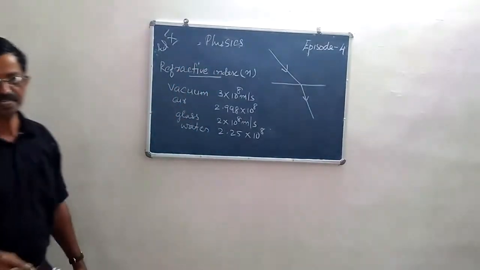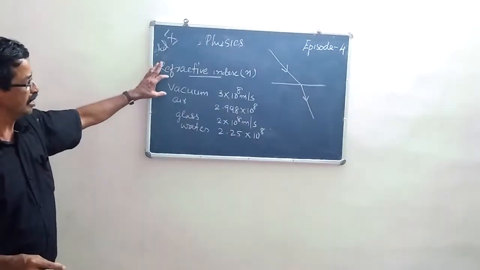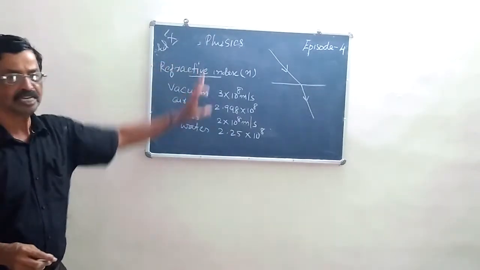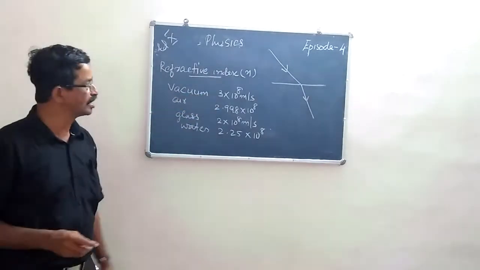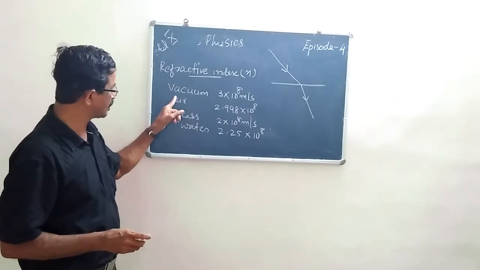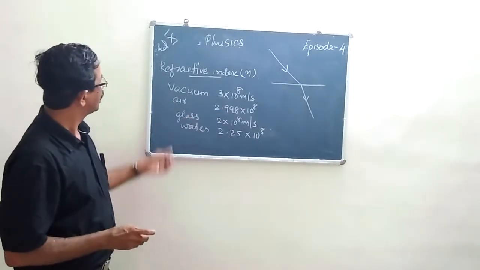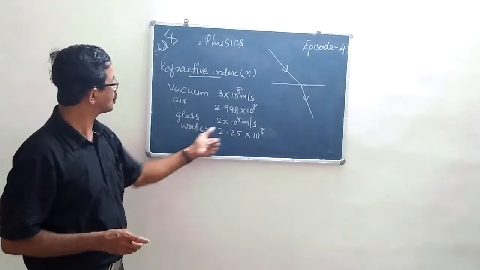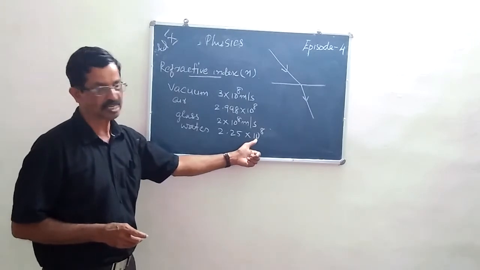See, the speed of light is not the same in all media. In vacuum it is at the maximum speed, 3 into 10 raised to 8, approximately 3 lakh kilometers in 1 second. Air is slightly less, which we can take as approximately this. In glass it is 2 into 10 raised to 8. In water it is 2.25 into 10 raised to 8 meter per second.